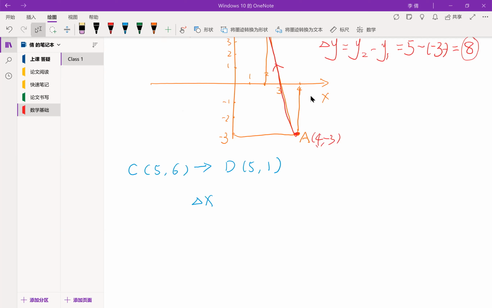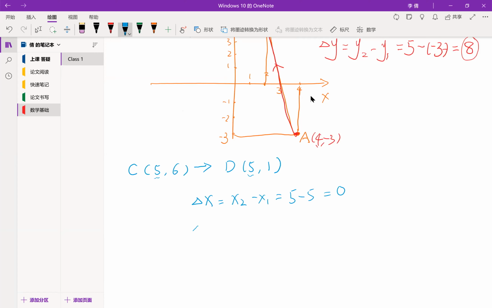Okay, let's see. This particle moves from C to a point D, and delta x is equal to x2 minus x1. The ending point x coordinate is 5, so we use 5 minus 5, this is 0.